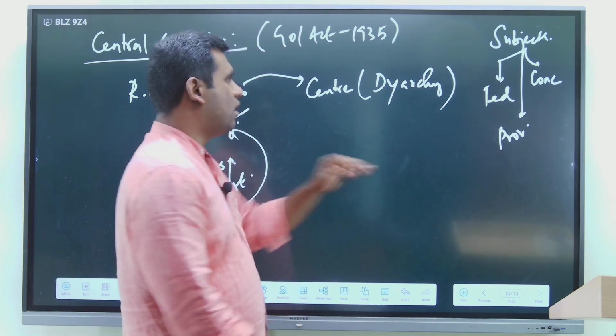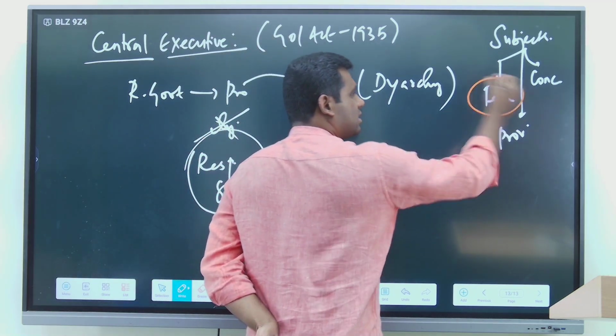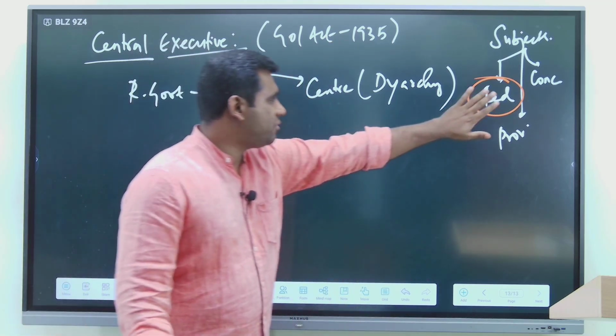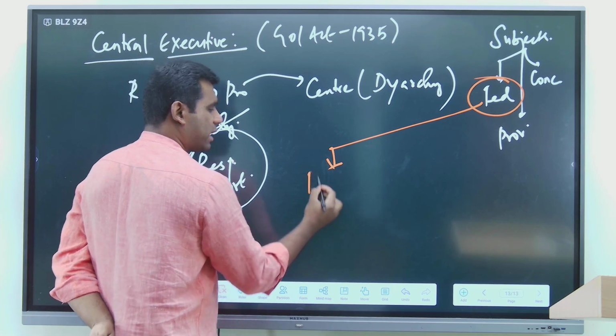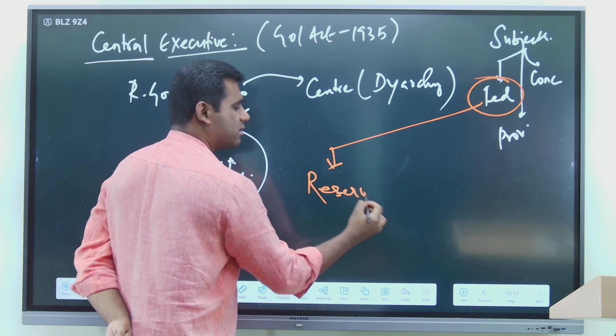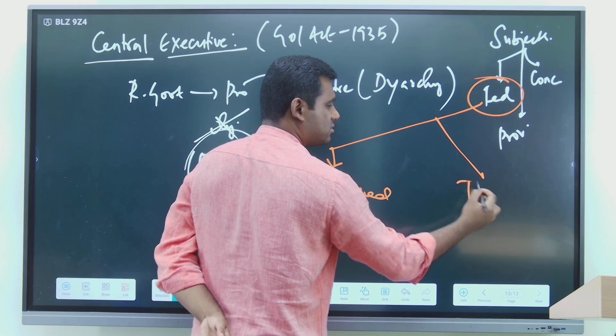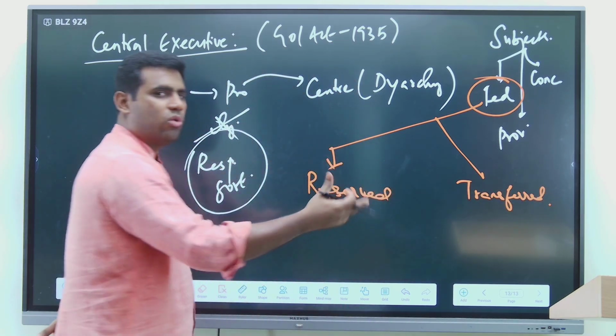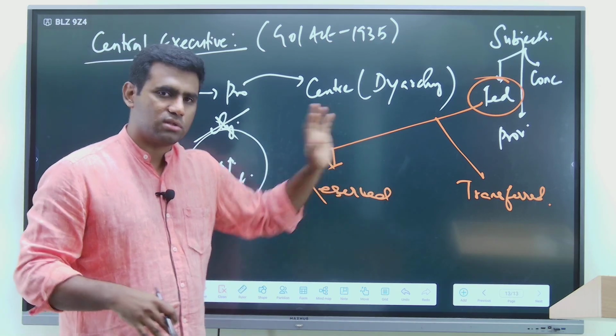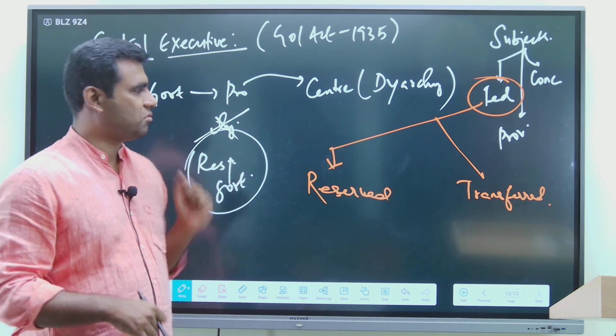All right. Now, when it comes to these federal subjects, they are now to be divided into two categories because of diarchy: reserved and transferred, right? So those who are not familiar with this may watch the previous lecture where I have clarified what is reserved, what is transferred subject, and all of that.